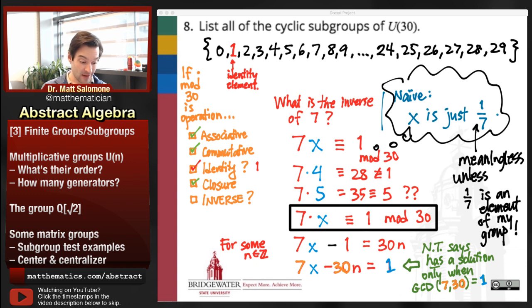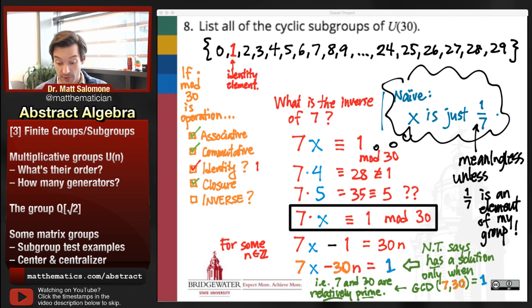In other words, the word that we often use for this in number theory is that 7 and 30 need to be relatively prime. They have to have no interesting common factors. And it just so happens that 7 and 30 are indeed relatively prime, one to another.